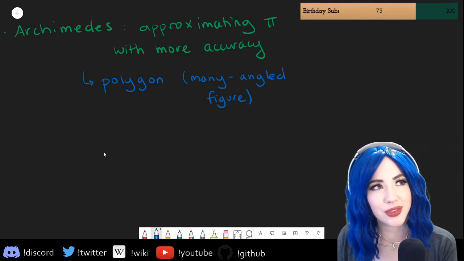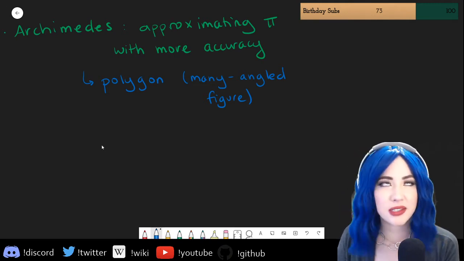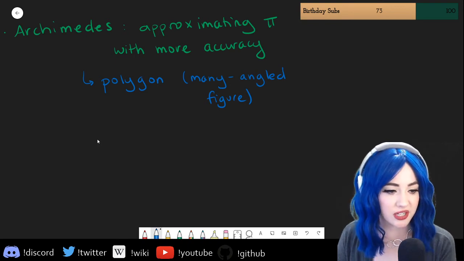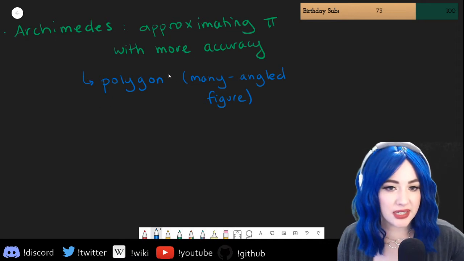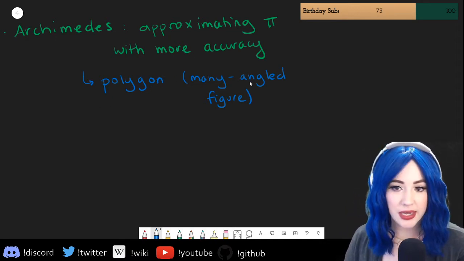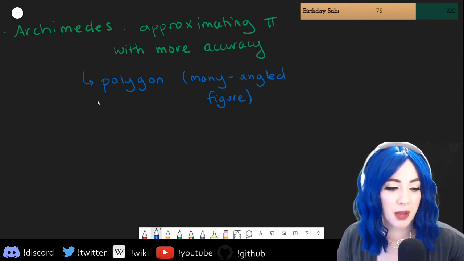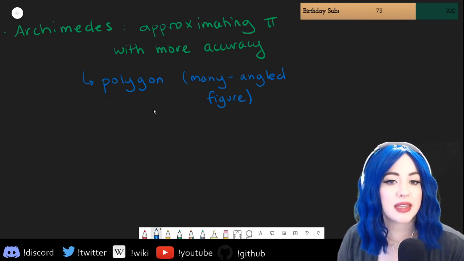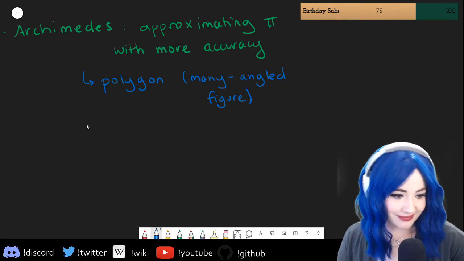I could have sworn that there was a word for side specifically, but it's also been a gazillion years since I've done geometry. But you also might see, while it looks like the Greek is technically angled, a lot of times you're going to hear people talking about a polygon being a many-sided figure. So, sorry, Greek.